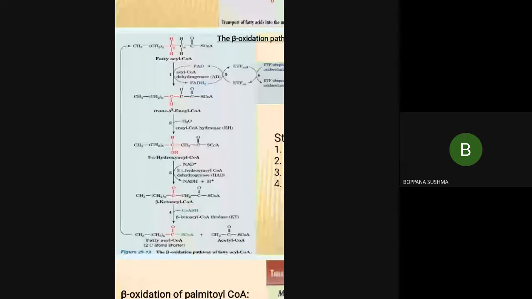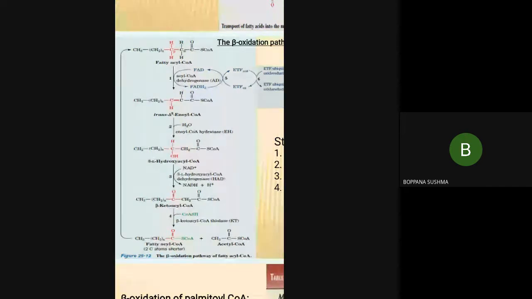After the fourth, again a two carbon compound is removed in the form of acetyl CoA. Then this fatty acyl CoA has 16 carbons. Again the 16 carbon compound is subjected to the first, second, third, and fourth reactions, and two carbons are removed in the form of acetyl CoA.